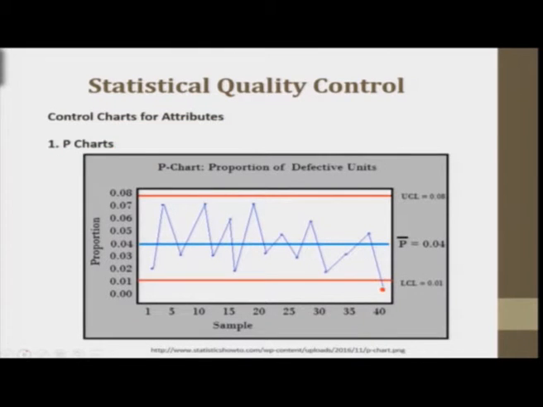This is a plotted P chart picked from one of the references. It shows the proportion of defective units, with the upper control limit and lower control limit.